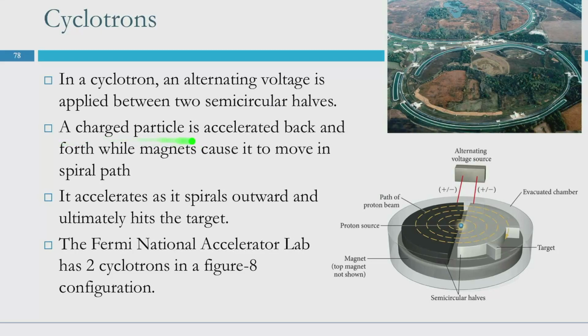So we take a charged particle, and you start it out in the middle, and then you run it around this track. And it's the same idea. We're alternating positive and negative, and basically getting it to whip around, moving faster and faster. And then as it accelerates, it moves further out in this evacuated chamber until it hits the target that we have at the outside of our chamber.